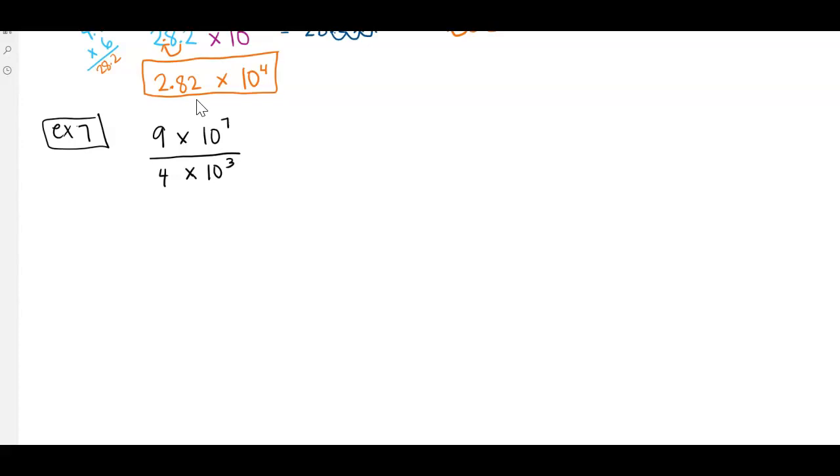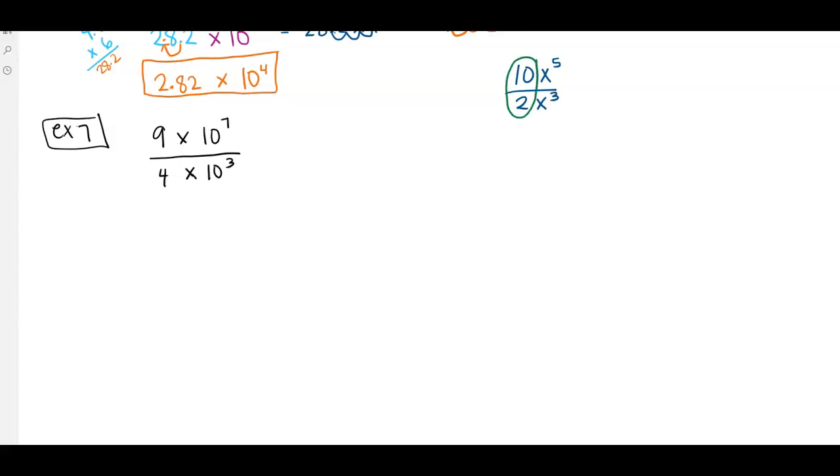Okay, and again, trying to relate this to stuff that we've already talked about. If I had 10x to the 5th over 2x to the 3rd, remember how we were just trying to combine things together.